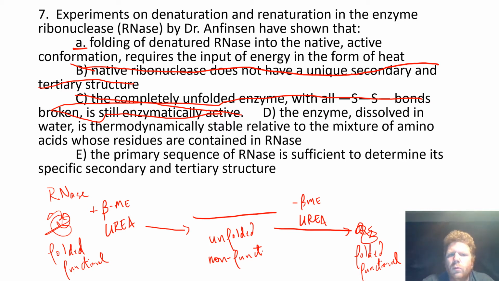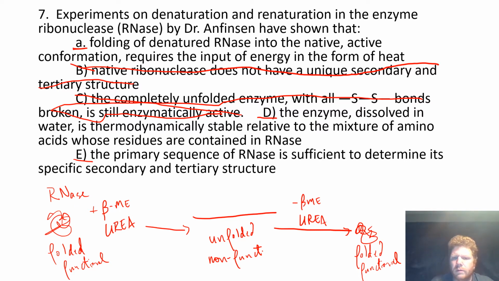Okay, so let's go ahead and compare A, D, and E and say which one of these is the best answer option. Well, E shows that the primary sequence, so basically all those peptide bonds, those covalent bonds that hold all these individual amino acids together, is sufficient to determine specific secondary and tertiary structure.